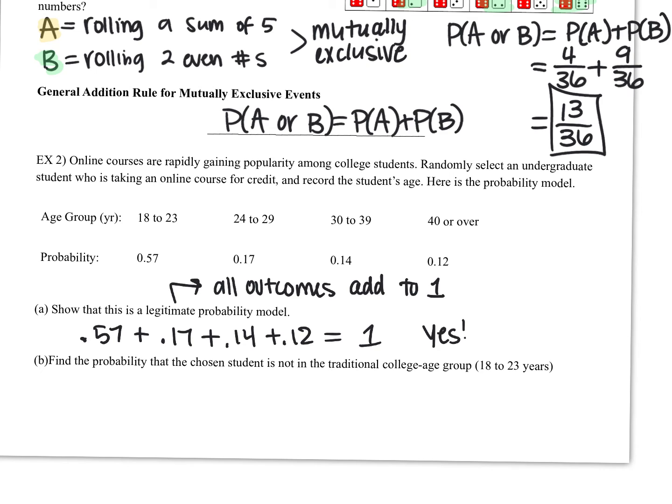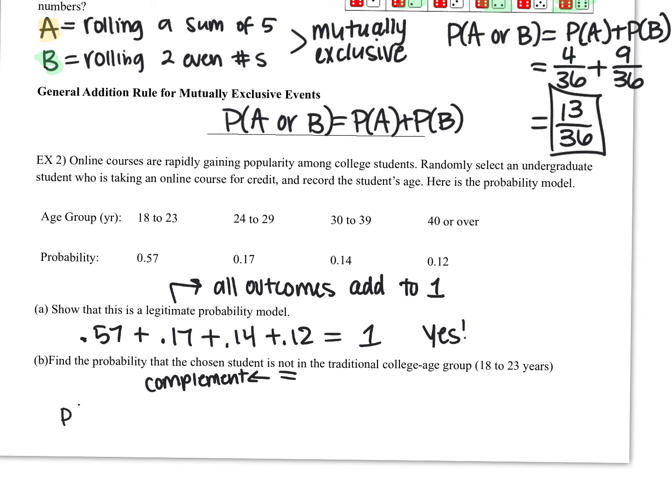Okay. Next, we want to find the probability that the chosen student is not in the traditional college age group. So traditional college age group is 18 to 23. So we see the word not, we're going to think complement. And it is going to be mutually exclusive. Can't be in multiple age groups.